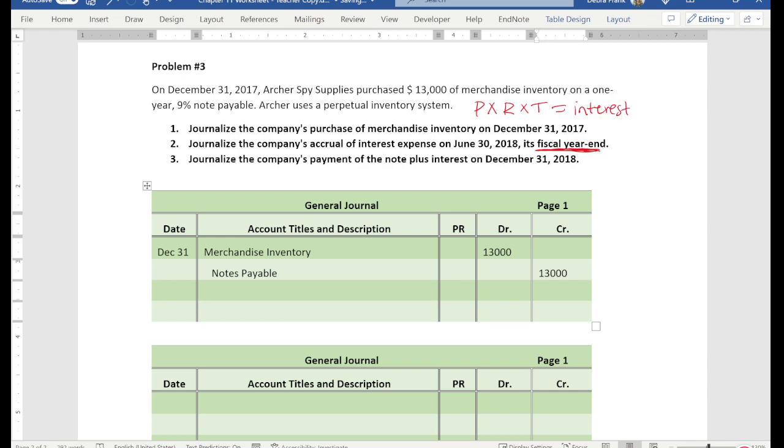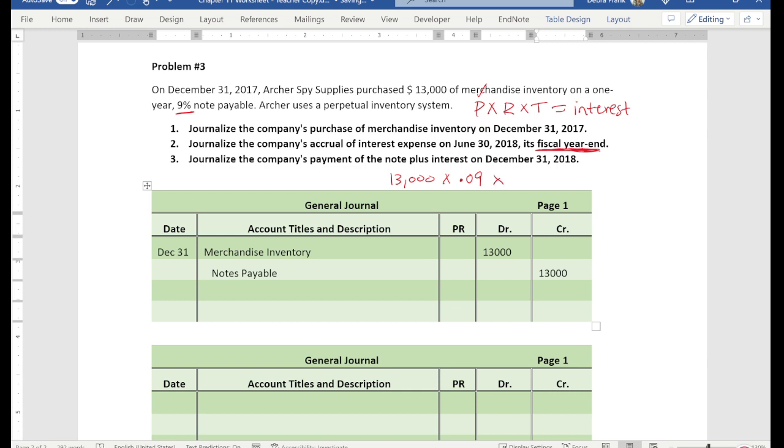So the principal of the note was 13,000, right, for the principal. That's the P. And then we have the rate. Well, what's the rate? It's 9%. That 9% is for a whole year. We'll do 0.09, so it makes it easier for your calculator. That's 9% written as a decimal.